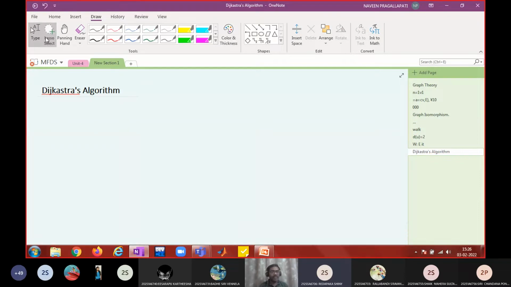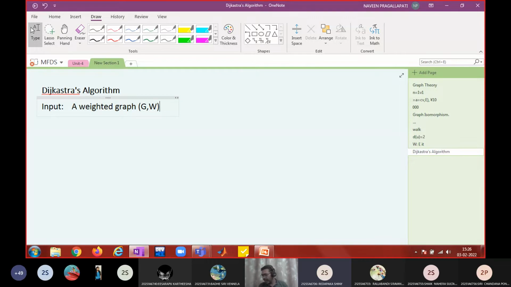So what is the input and what is the output? The input, you may also write in your notes, is a weighted graph (G, W), the ordered pair of the graph and the function. Together we may call it a weighted graph.